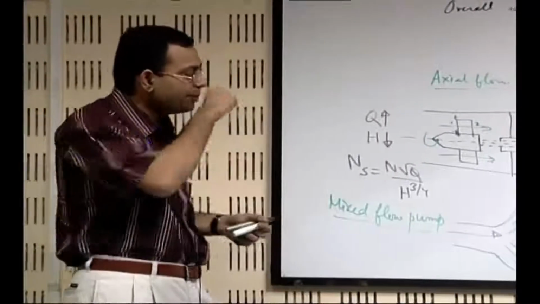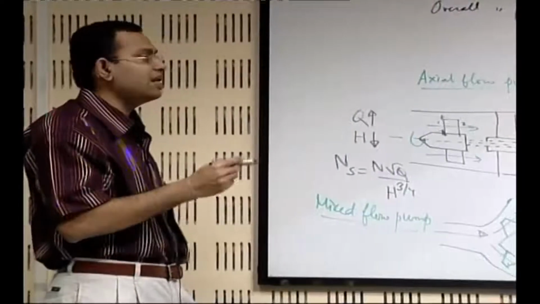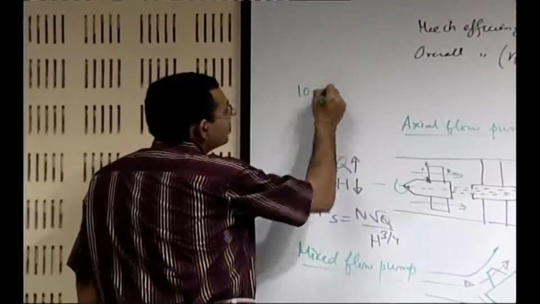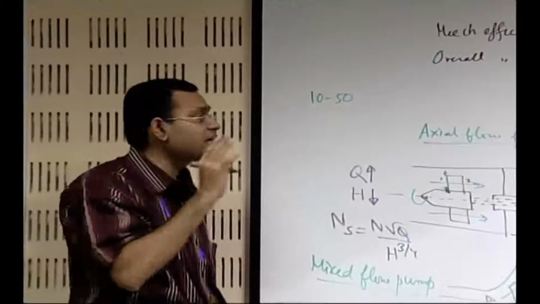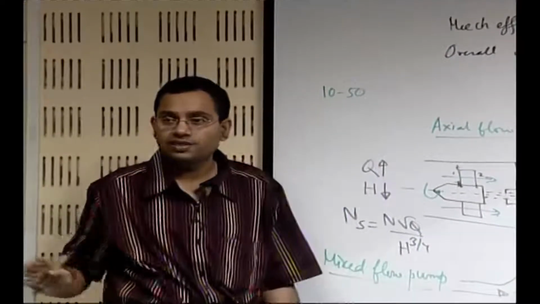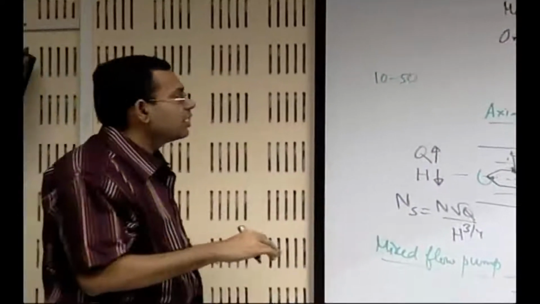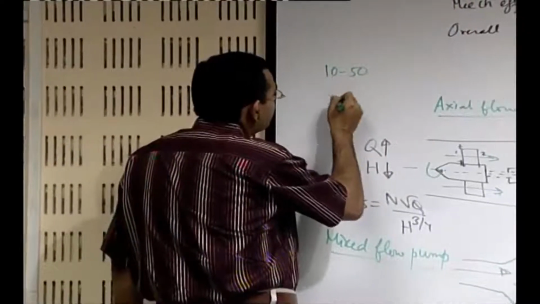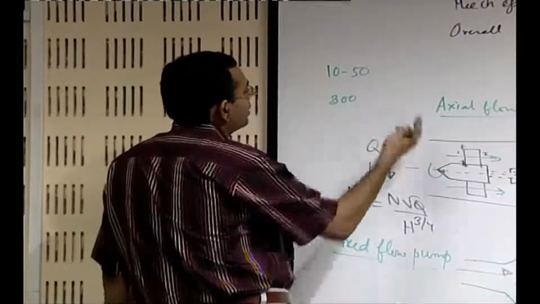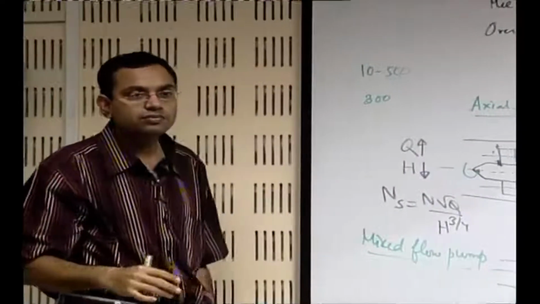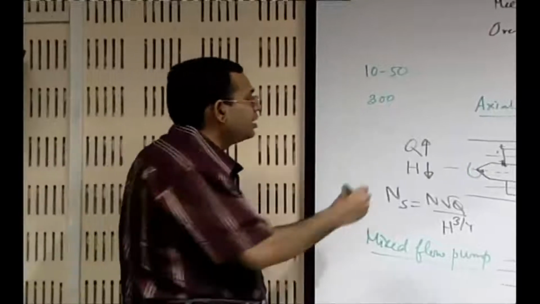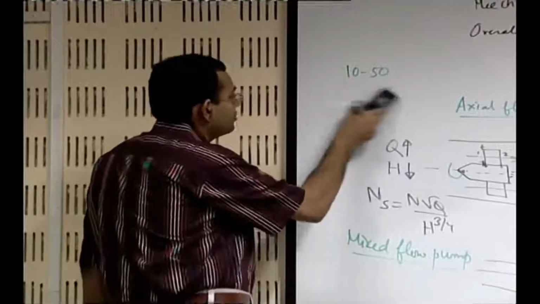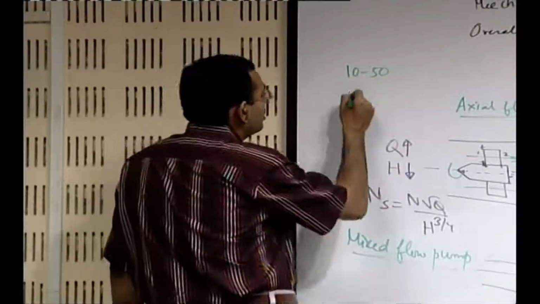Therefore it will have a sort of in-between characteristic between the radial flow and the axial flow. Typically radial flow pumps will have a specific speed of maybe 10 to 50. Do not take these as exact figures, these are just rough ideas. An axial flow pump may have a specific speed in the range of 150 to 300, as beyond 300 is not too common.